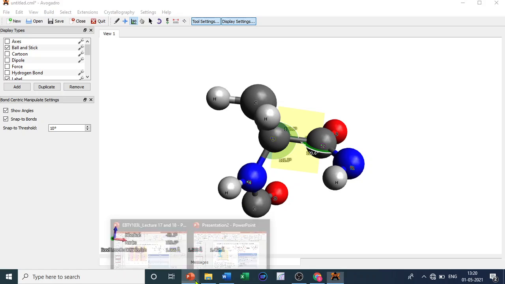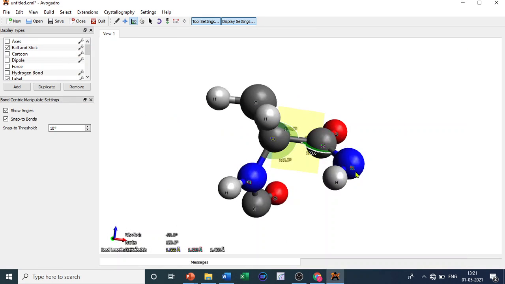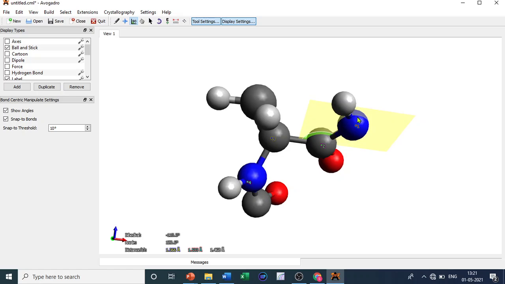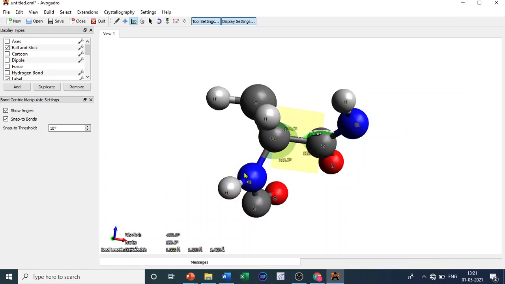So let's set psi to minus 120. You can see now the psi is minus 120. Now set the phi to minus 60 degrees.